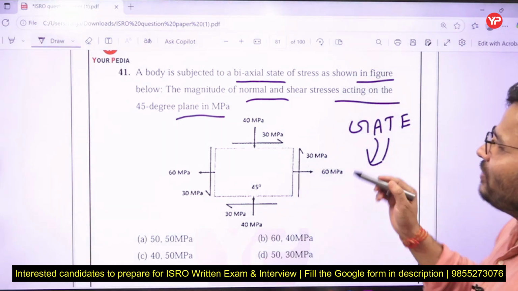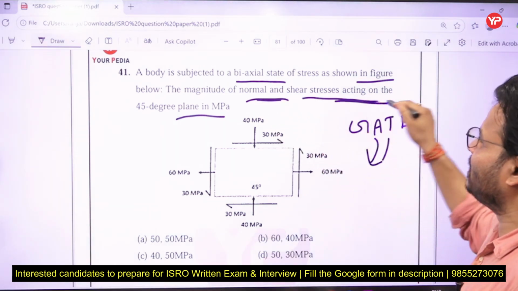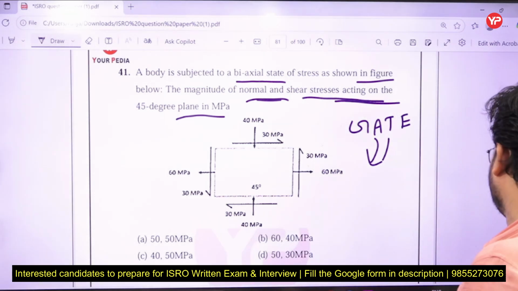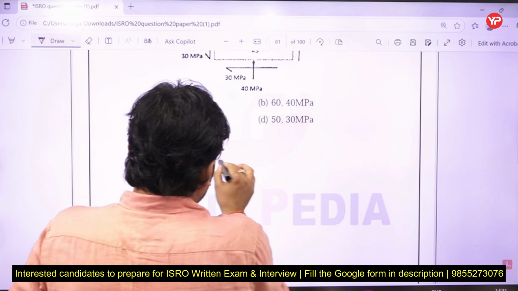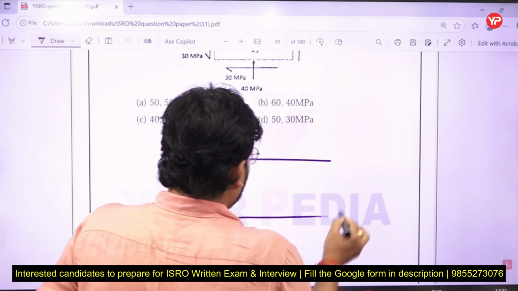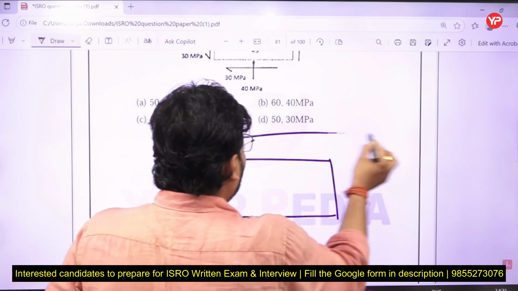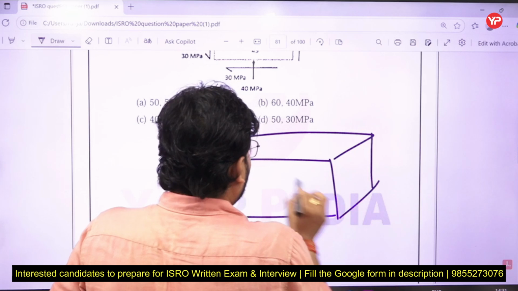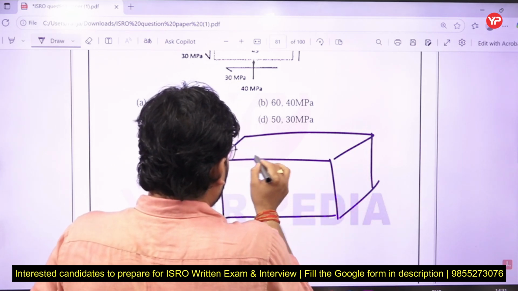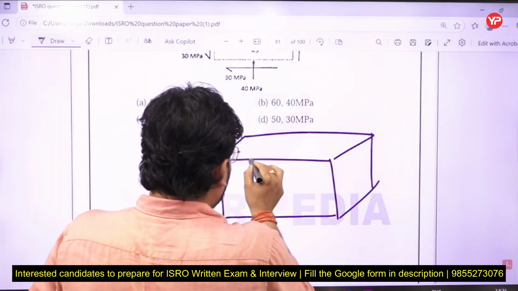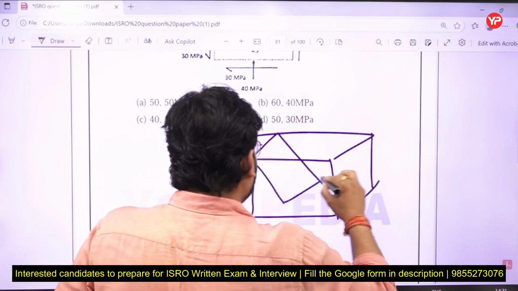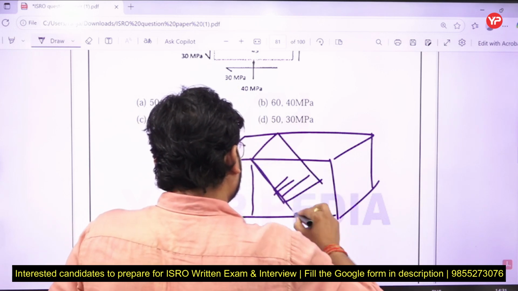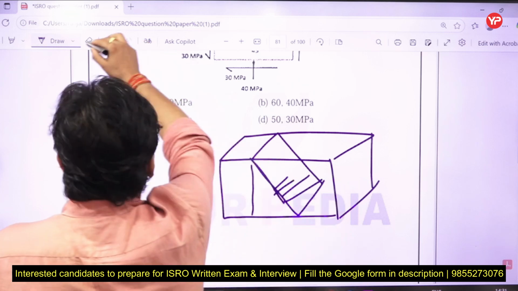So what you have to calculate is the normal and shear stress acting at a 45-degree plane. There could be an infinite number of planes. Suppose this could be one plane, right?